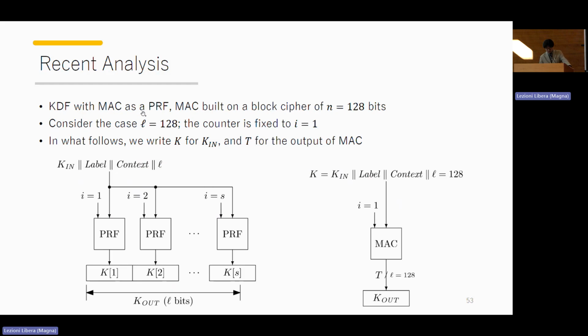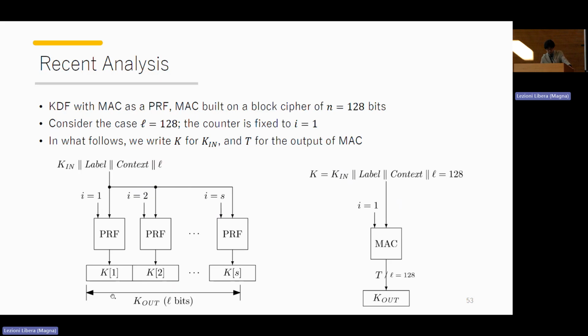So this standard defines KDF with MAC. Let's consider the case that we use a MAC as a PRF, and the MAC is built on a 128-bit block cipher, like CMAC. And consider the case that we want to have a 128-bit session key.